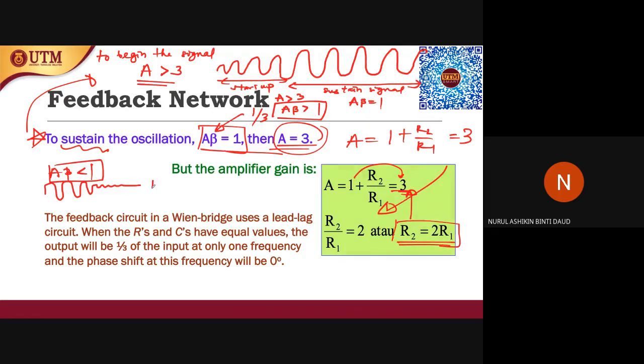But when A times beta is more than 1, it will increase the signal amplitude. But we don't want A times beta larger than 1 always. We want it only at the beginning of the oscillation, and after that it should sustain.